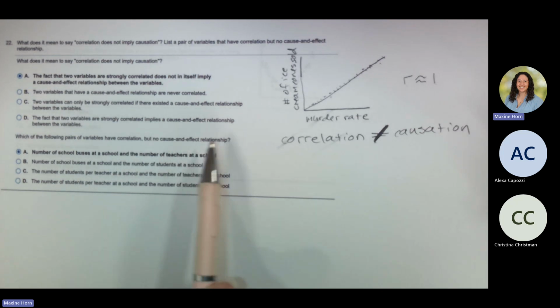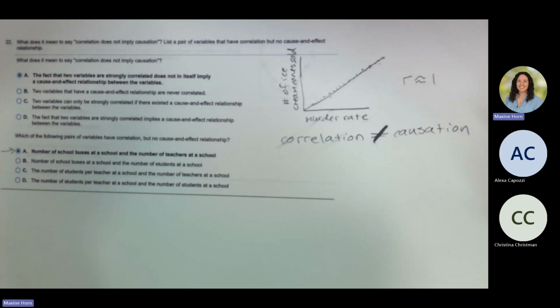Okay, and then the second part, it says, which of the following pairs of variables have correlation but no cause and effect relationship? So for this one, it is the number of school buses at the school and the number of teachers at the school. So kind of similar to this, where there's this other factor going on, this third factor, right? The more students you have at the school, the more likely you are to have more teachers, right?